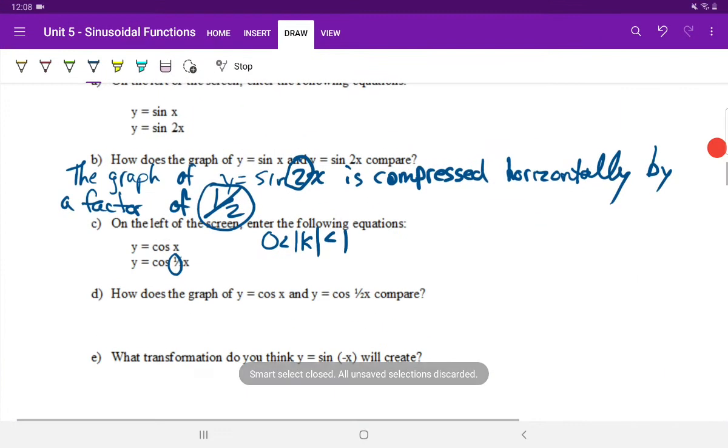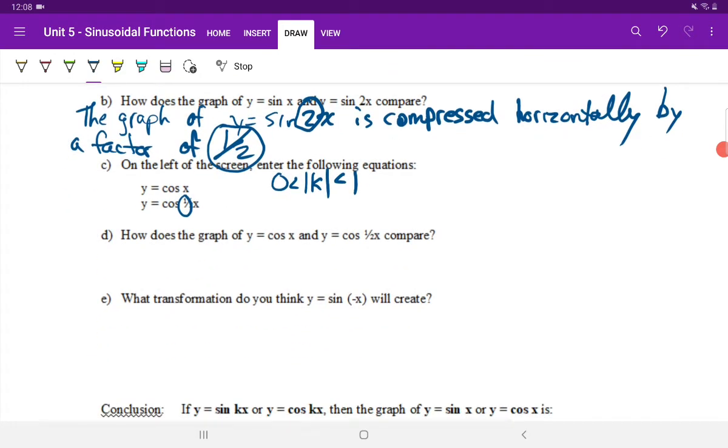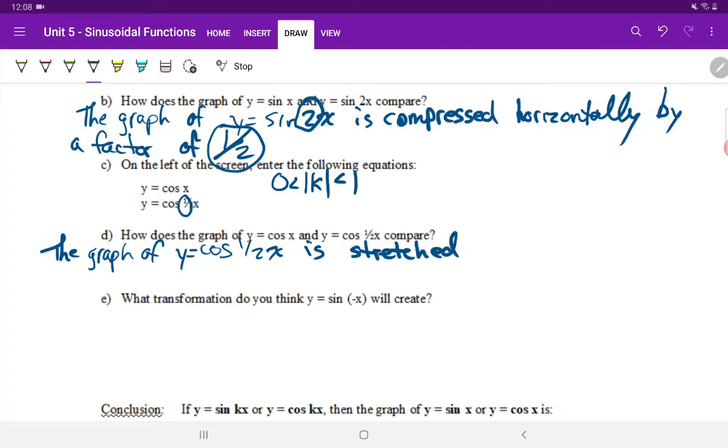Let's answer here. How does the graph compare? The graph of y equals cos of 1/2 times x is stretched horizontally. It got bigger. The period doubled. Stretched horizontally by a factor of 2.